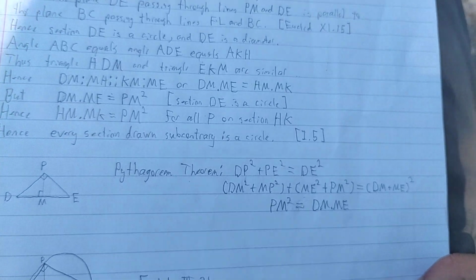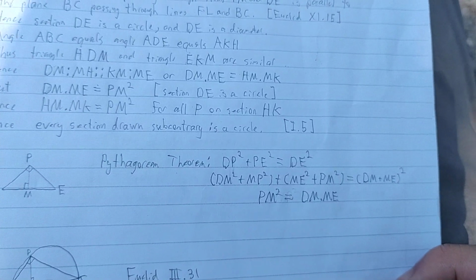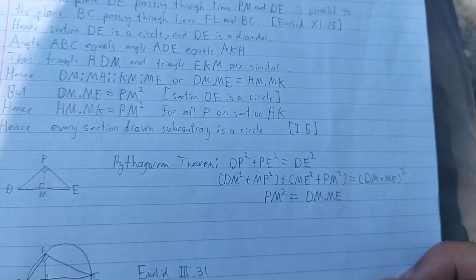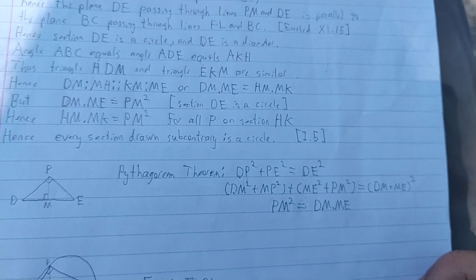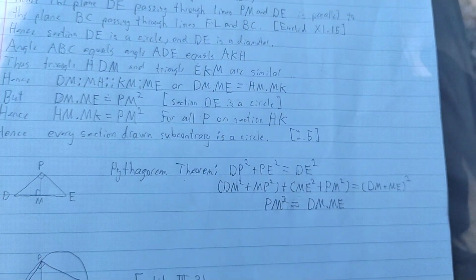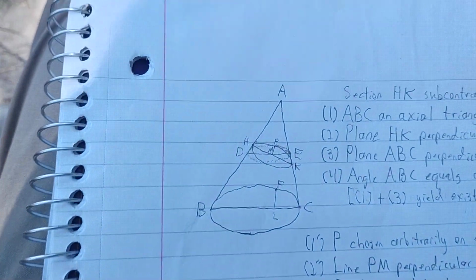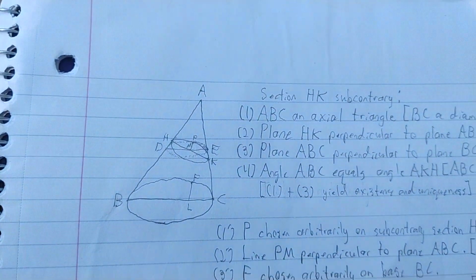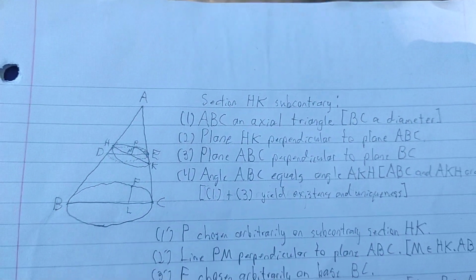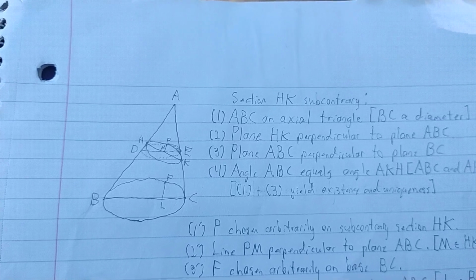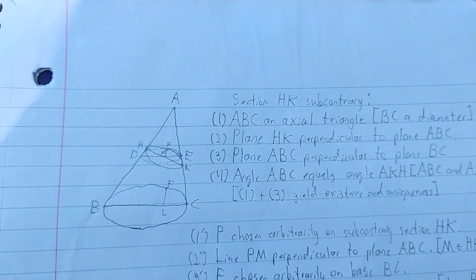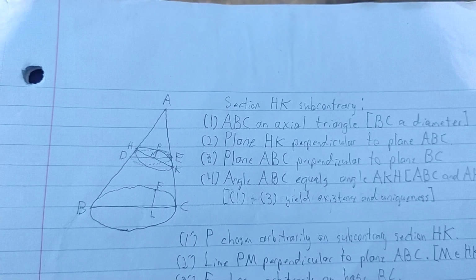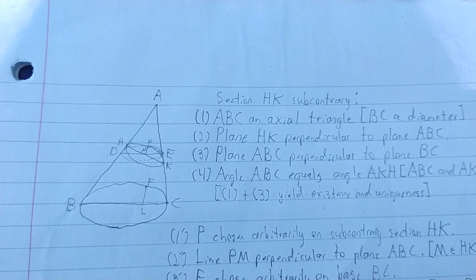So we have the standard Pythagorean theorem and this algebraic decomposition and simplification. It tells us that the square on PM is equal to the rectangle DM·ME. But it goes both directions. It's an equivalent statement. So we have the square on PM is equal to the rectangle DM·ME.